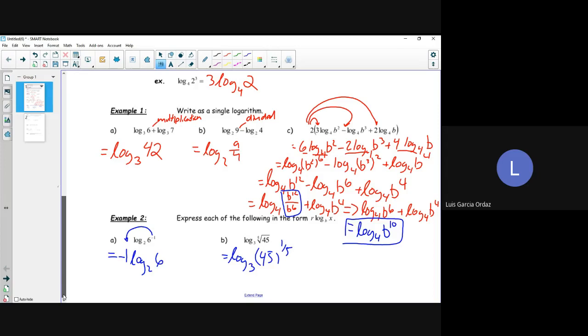So again, all we're going to do is bring the exponent to the front. So we get 1 over 5 log base 3 of 45.